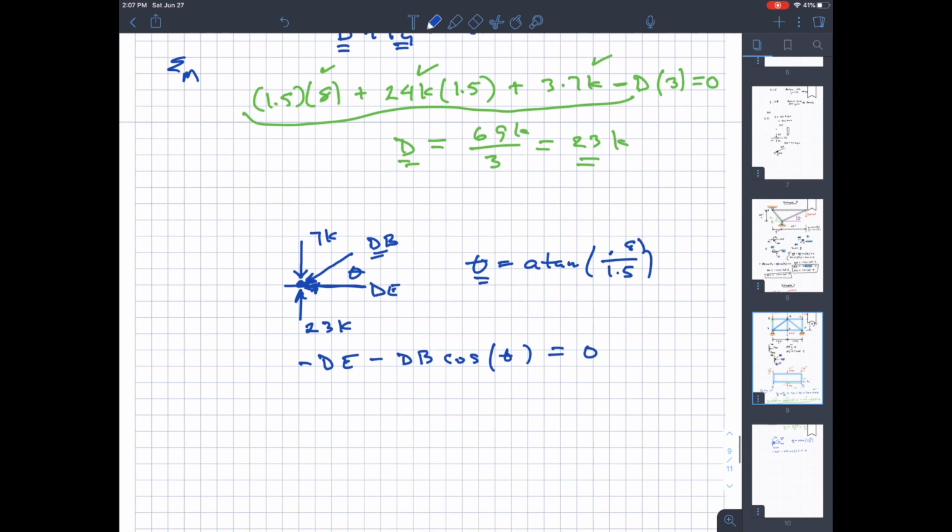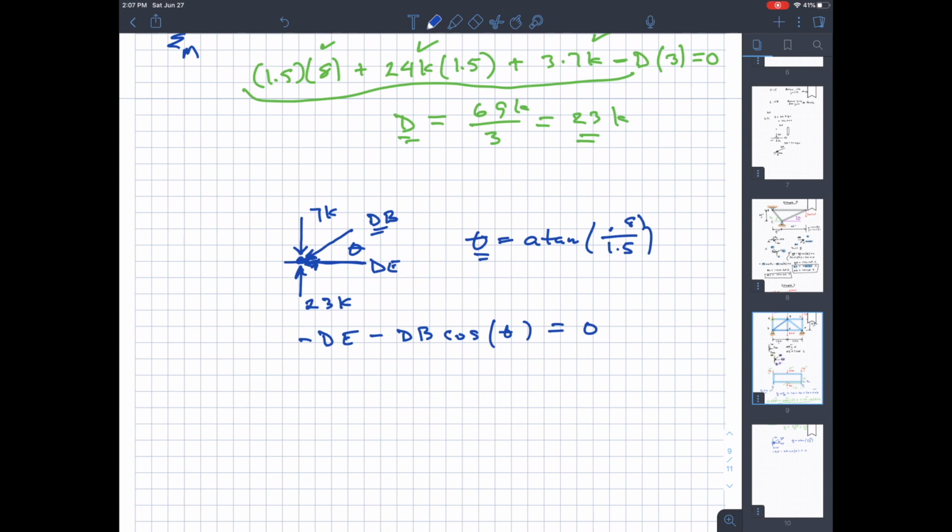Then you can write one more equation, sum of forces in the y direction. It is minus 7K plus 23K plus DE. I'm sorry, there's no DE because that's the vertical direction.